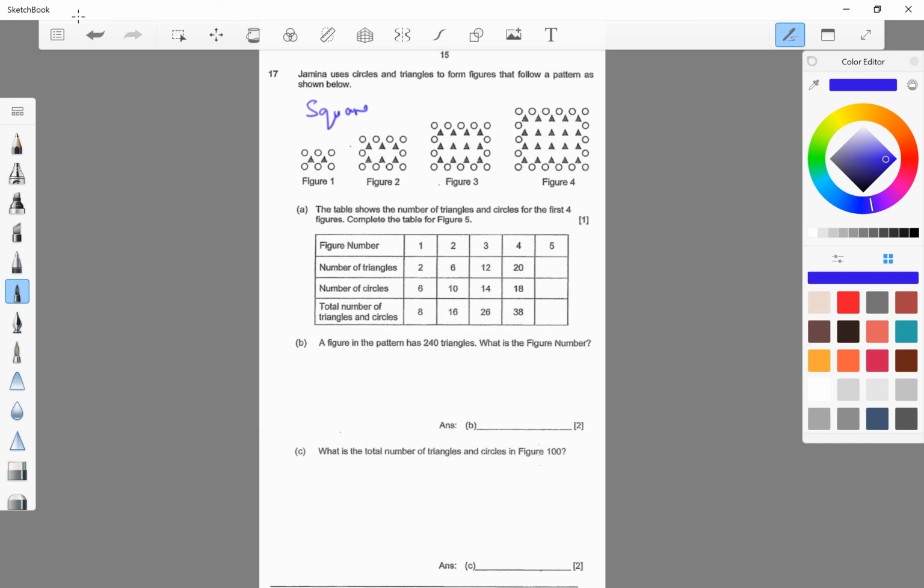The second most common number pattern that you will encounter as a primary 6 student in Singapore is triangular numbers. Triangular numbers work like this: 1, 3, 6, 10, 15, 21.